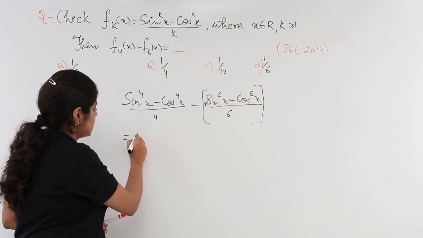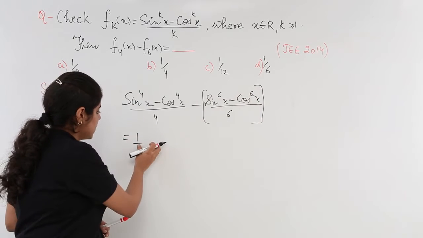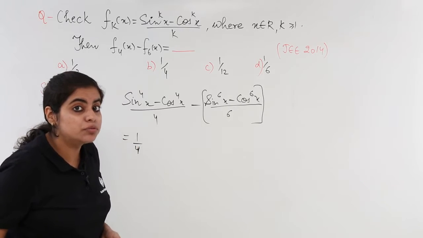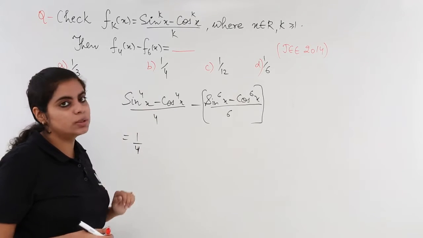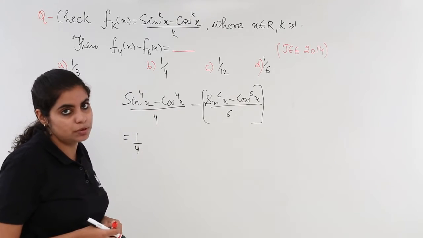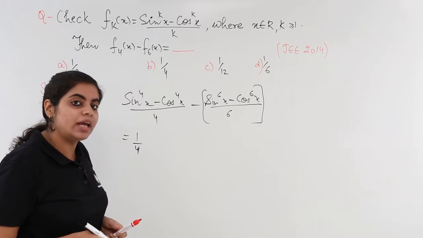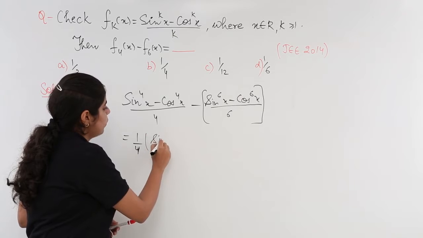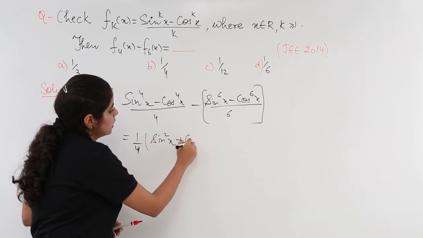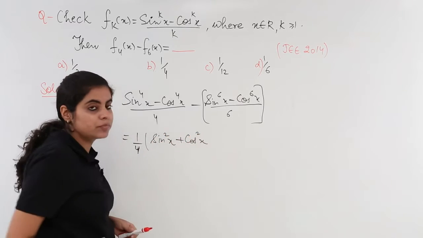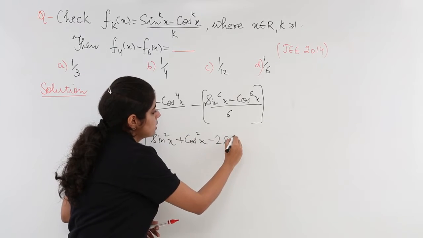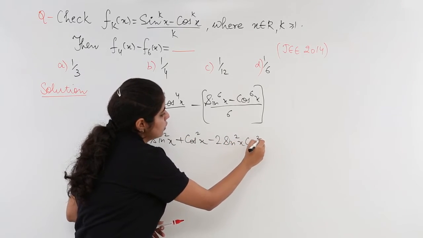The next step is to take minus 1 by 4 outside, which can be written a bit more clear, and write the formula of sin raised to the power 4x minus cos raised to the power 4x. So what is the formula of a raised to the power 4 minus b raised to the power 4? It is (a square plus b square) squared minus 2 times sin square x cos square x.